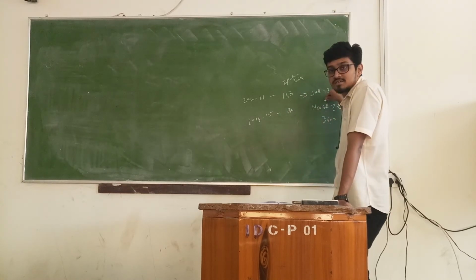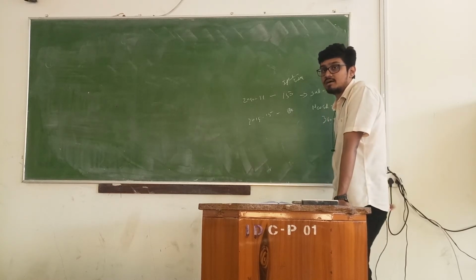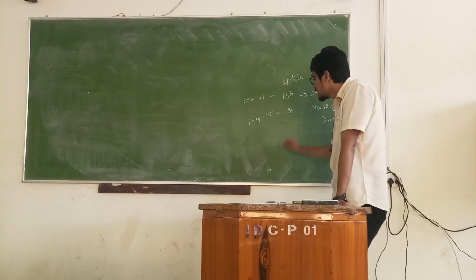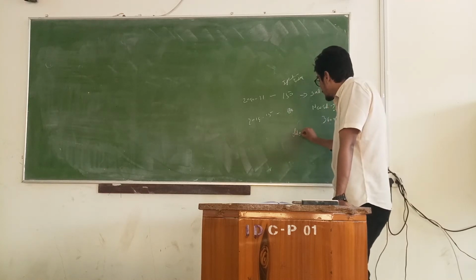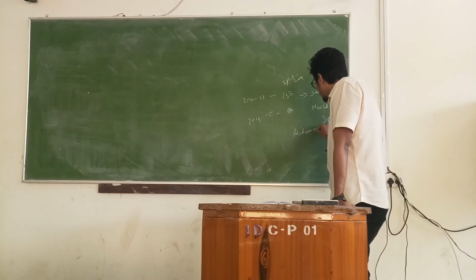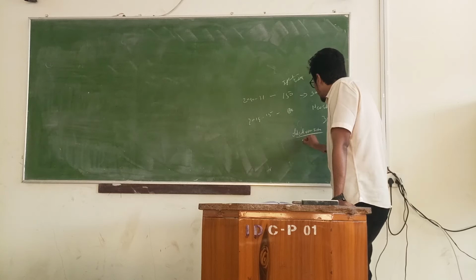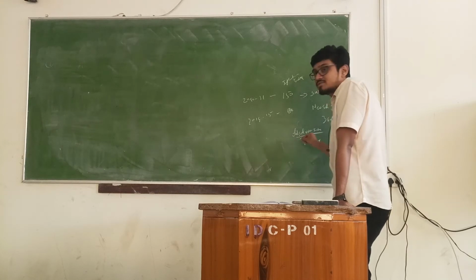Old salary was 3000, so your new salary should be 3600. If you do not understand, write down the formula somewhere: old salary into new index divided by old index. You will get the new salary.